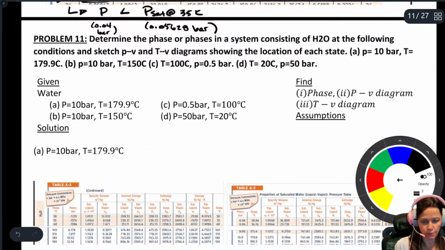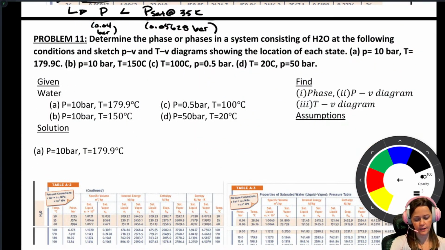Okay, so problem 11, and we have 5 more minutes. I cut and pasted some tables here that you can use. Problem 11 might take us a little bit, but we want to know the phase or the phases in the system containing water at the following conditions.